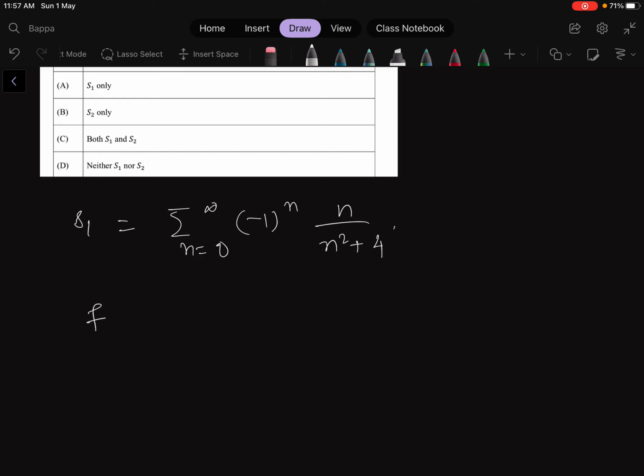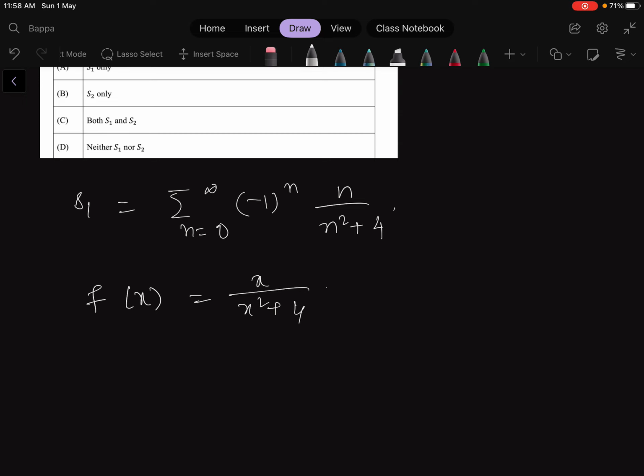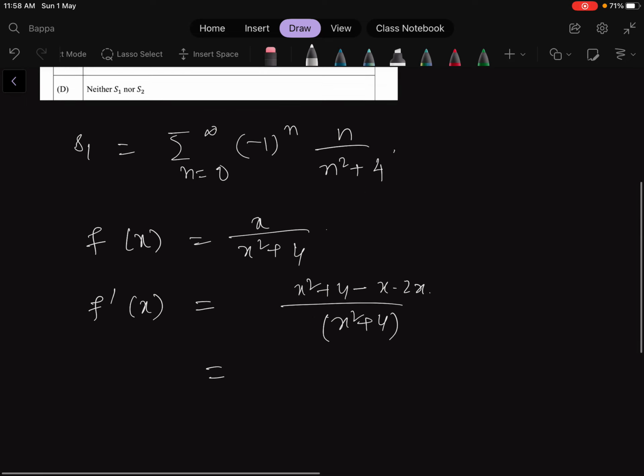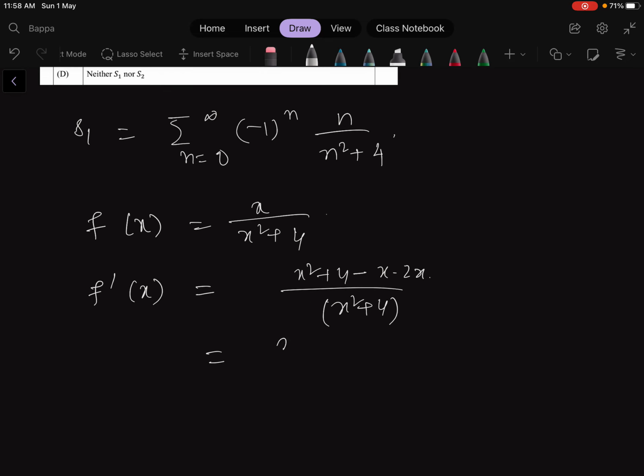You know that f(x) equal to x by x square plus 4 is a continuous function on the positive real axis, and this is also smooth, and f dash x is equal to the numerator x square plus 4 minus x times 2x, over x square plus 4 whole squared.